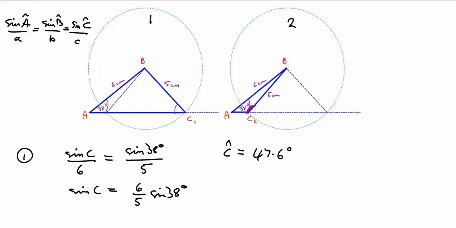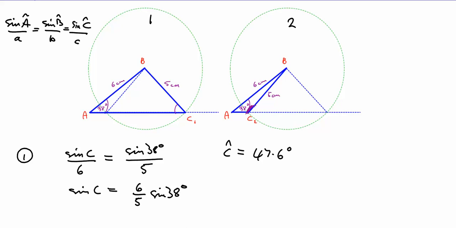Now if we apply the same process to the second case, we again have sine C2 over 6 equals sine A, which is sine 38 over 5. So we would again get sine C is 6 over 5 times sine 38, and the angle C would be 47.6.